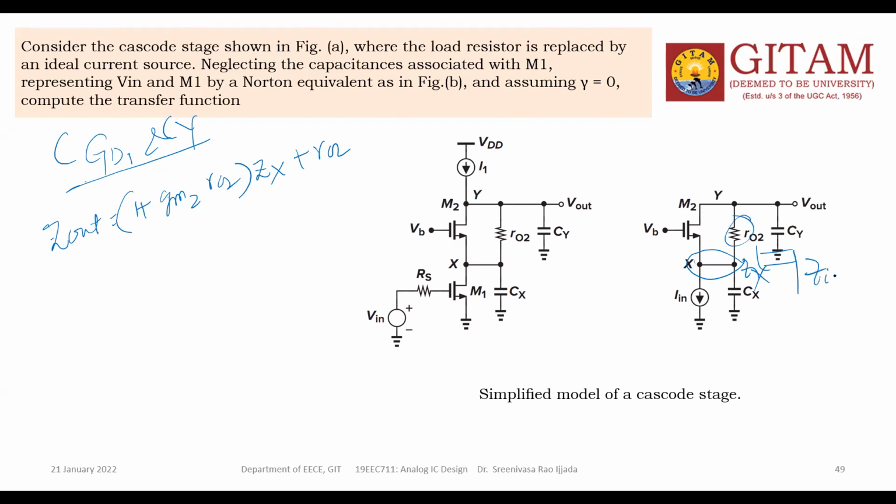Zout: here Zx is nothing but R01 in parallel with capacitance Cx, 1 by Cxs.